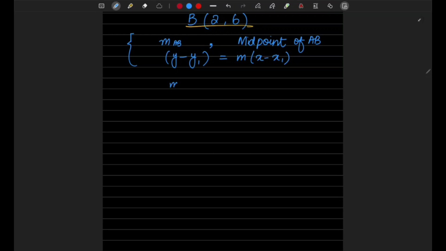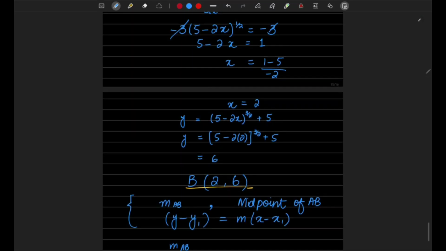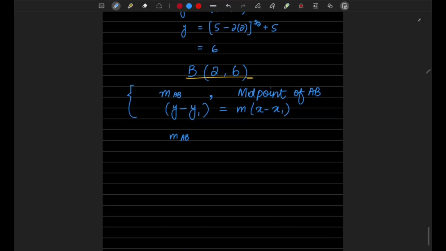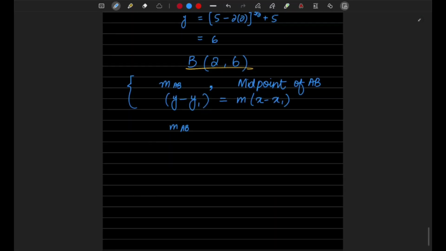So first find the slope of AB. Where is point A? (minus 2, 32). So (minus 2, 32) and (2, 6), A and B. So it would be 6 minus 32 over 2 minus minus 2, y2 minus y1 over x2 minus x1.